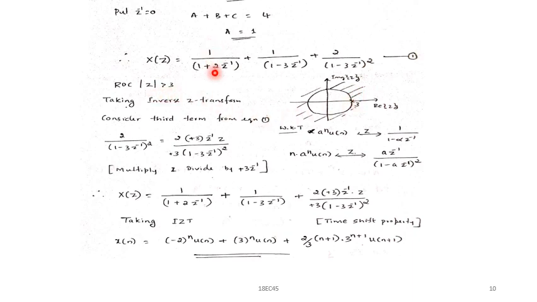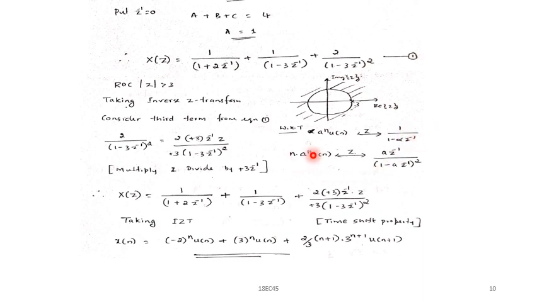Now the first term I can take the inverse z transform of directly, and the second term also is no problem. But the third term is 2 divided by 1 minus 3z inverse whole square, so there is a square term in the denominator. This means we are multiplying with the ramp signal. a to the power n u of n has z transform 1 by 1 minus a z inverse.